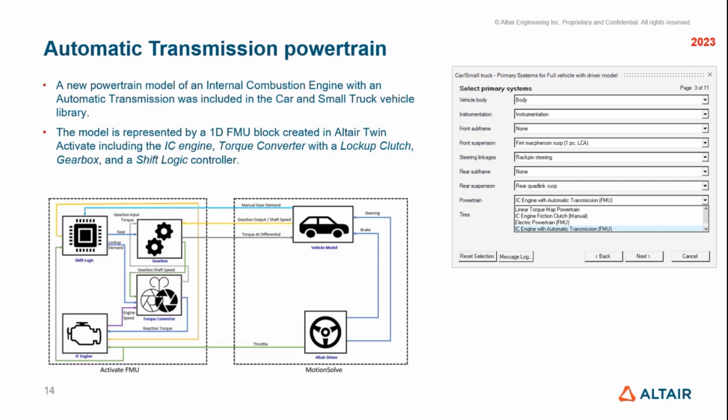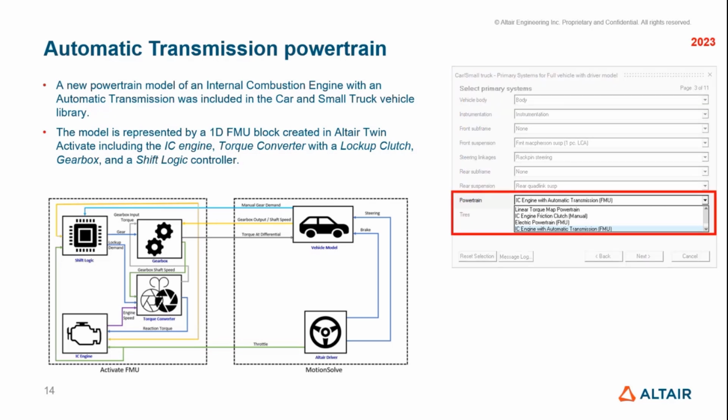And it consists basically of the IC engine, a torque converter with a lockup clutch, the gearbox already implemented in the model, and most important, the shift logic that determines the automatic transmission. So this receives information from the Altair driver and sends to the vehicle. And the user can just pick this implementation by accessing the powertrain option inside the library itself.